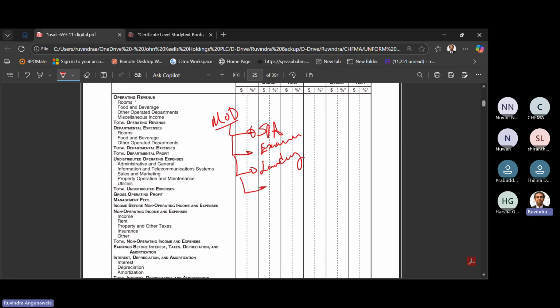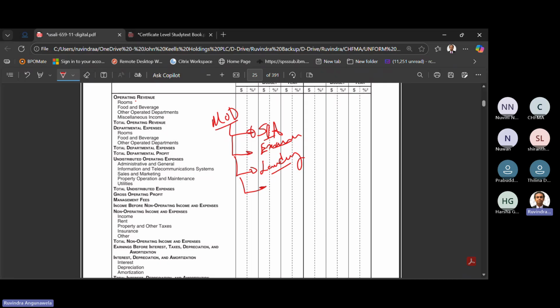What else can you have? Spa, excursion. So these are basically revenue generating and they will have their own expense as well.